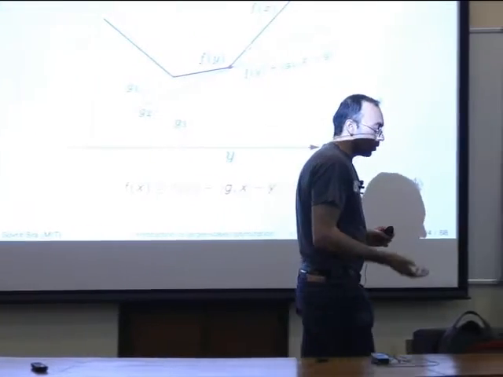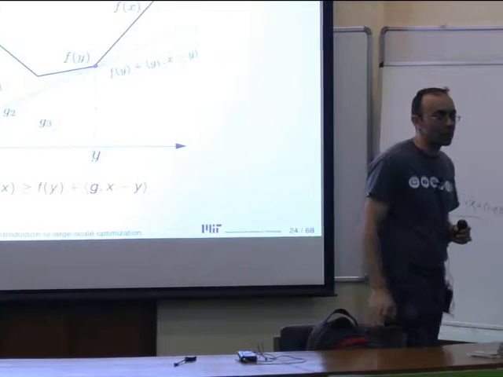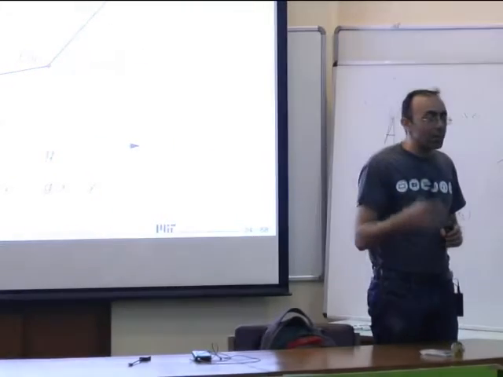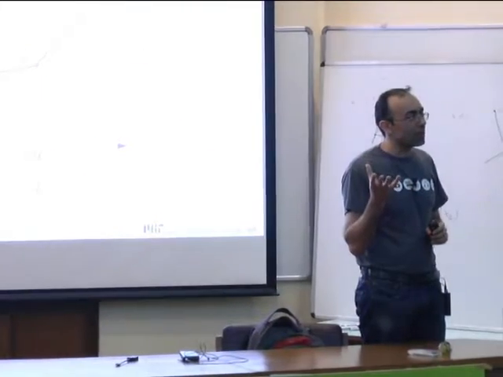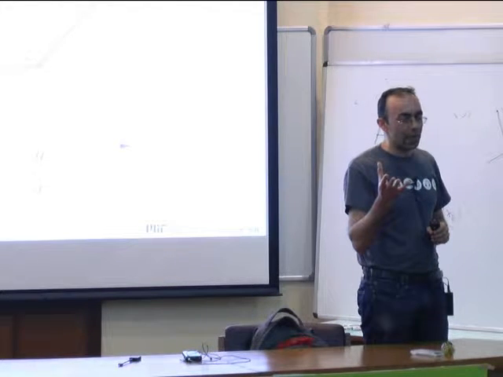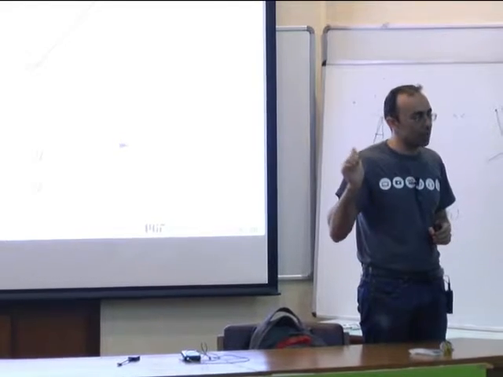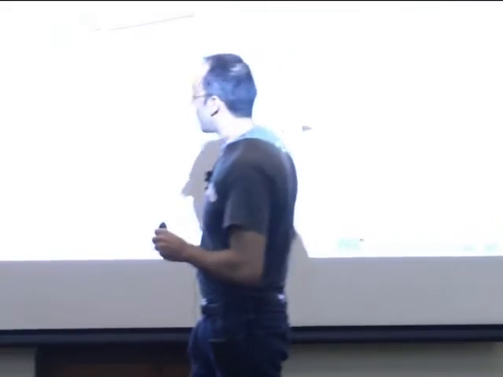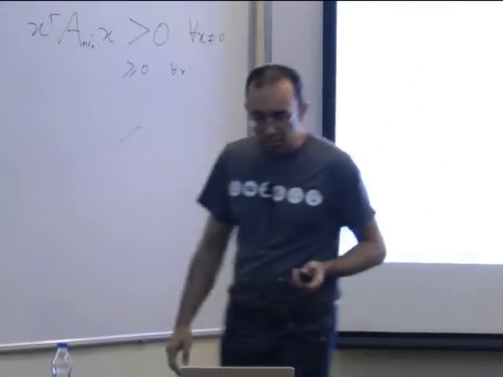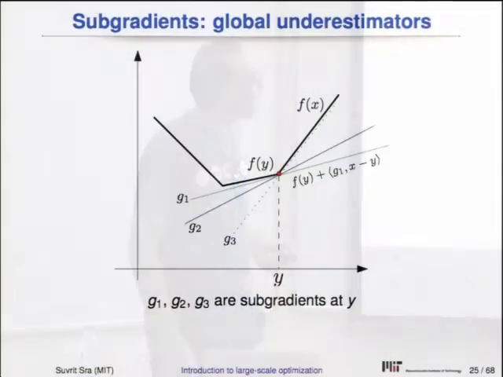And one of the cool things about convex functions and convex optimization is that many of the cool things you can do with gradients, we can extend those ideas to even non-differentiable functions, as long as they are convex, with suitable notation. So here g1, g2, g3 are three of those tight lines that pass through there, so they are called subgradients.